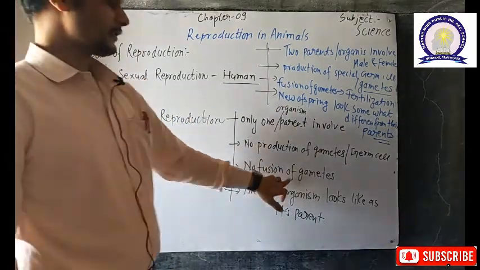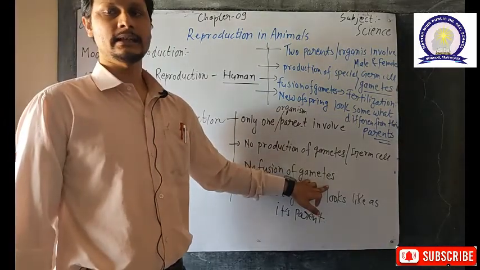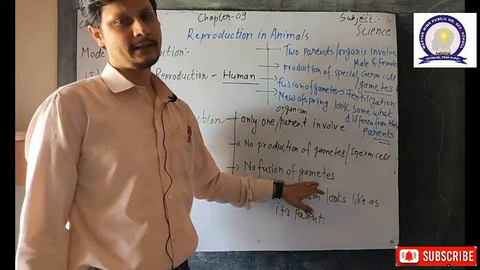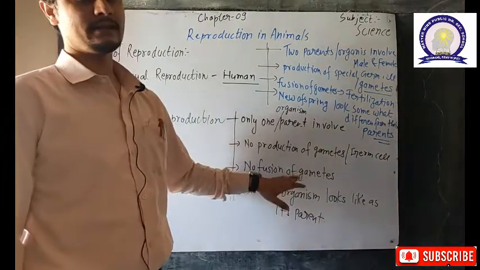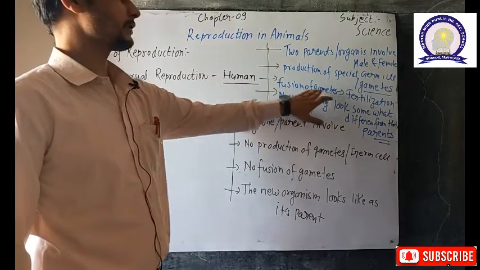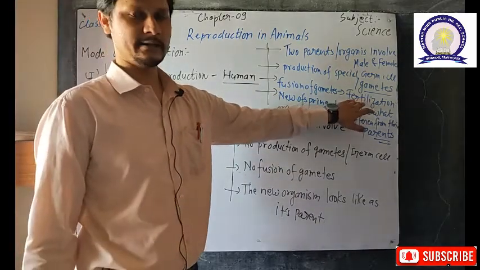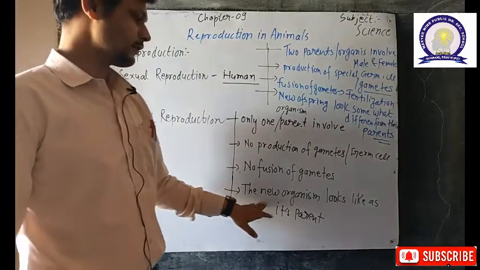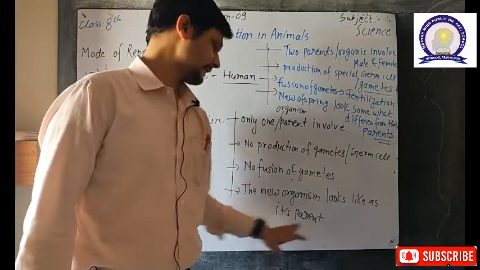Thirdly, no fusion of gametes. In asexual reproduction there is no fusion of gametes, that means no fertilization occurs. But in sexual reproduction, fusion of gametes, which is called fertilization, definitely occurs. And the fourth and last main difference: does the new organism look like its parent?